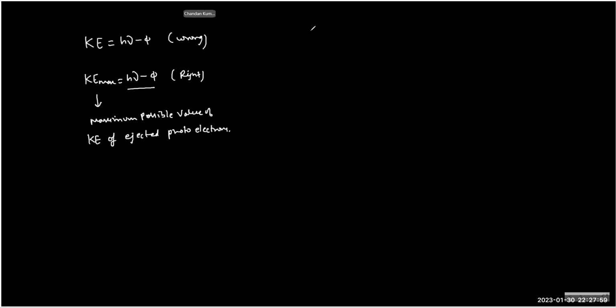So if I write cathode, anode, the kinetic energy near the cathode can be any value from 0 to h nu minus phi, right? Yes, sir. But the kinetic energy of the photoelectrons near the anode will be how much? 0 plus EV. Understood? Yes, sir.